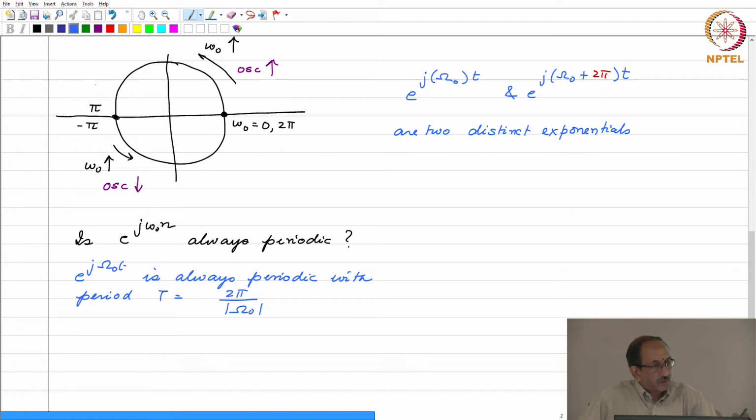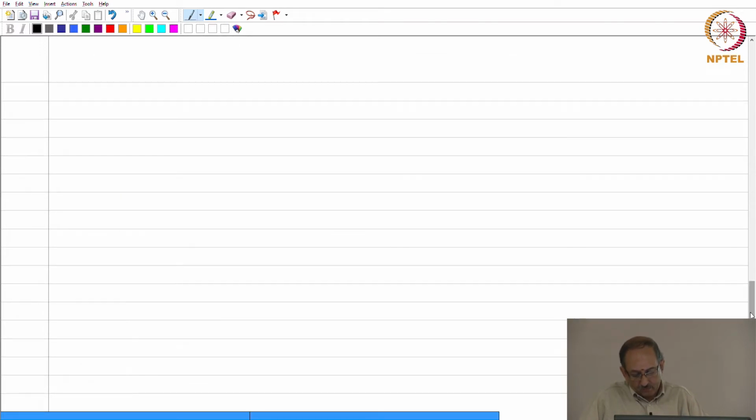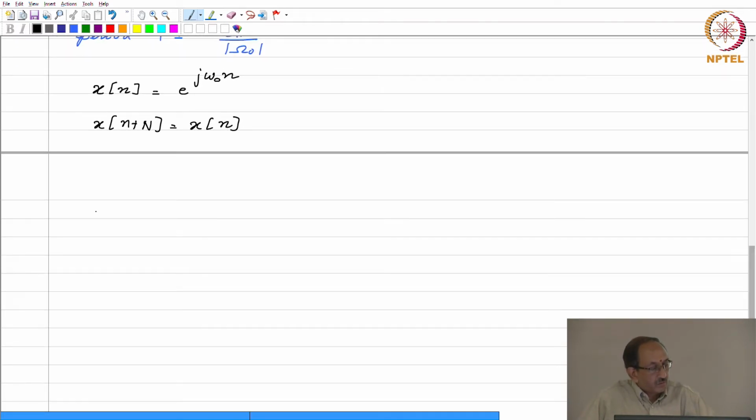Now let us consider the discrete time sequence. We want x of n equal to e to the j omega naught n. Under what conditions is x of n plus capital N the same as x of n? All you need to do is see under what conditions e to the j omega naught (n plus N) equals e to the j omega naught n.